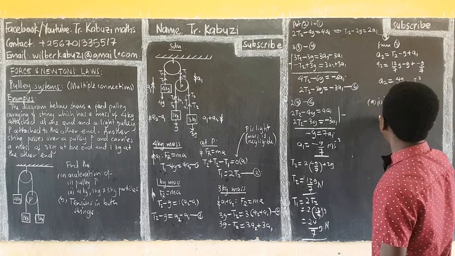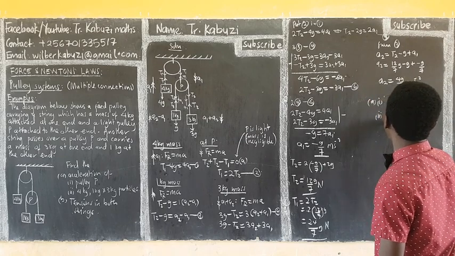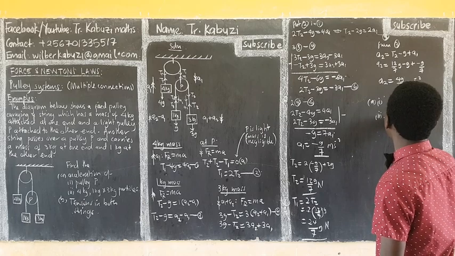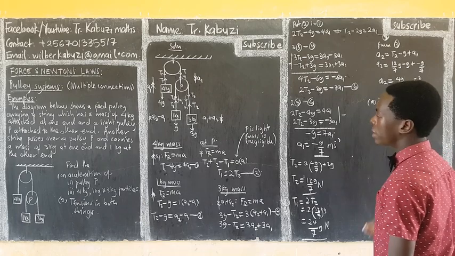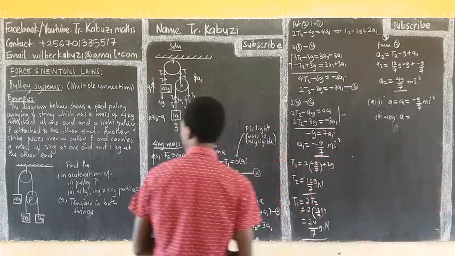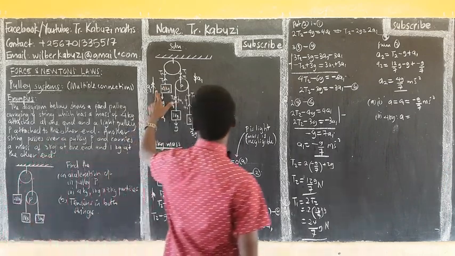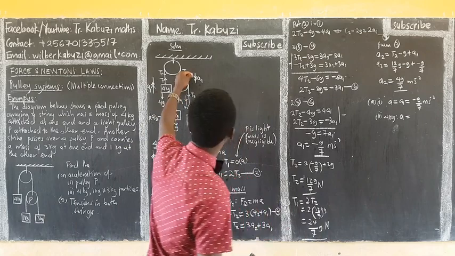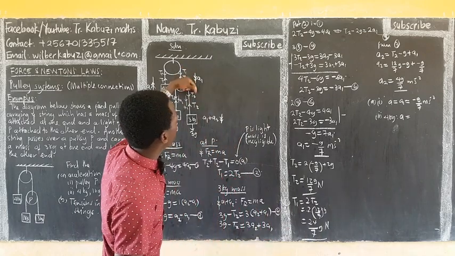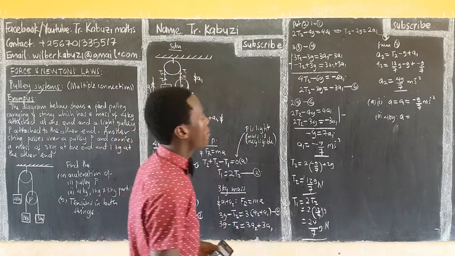Number 2, the 4 kilogram mass, acceleration is equal to 2A1. Remember, acceleration for the 4 kilogram mass is here. We say this one is going down, so this one is going upwards.